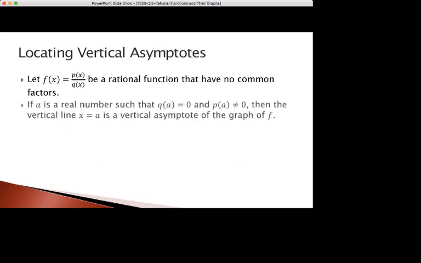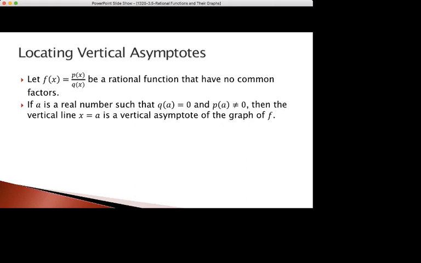So, if a is a real number, notice that part, real number, such that q of a is equal to 0 and p of a is not equal to 0, then the vertical line x is equal to a is a vertical asymptote of the graph of f.